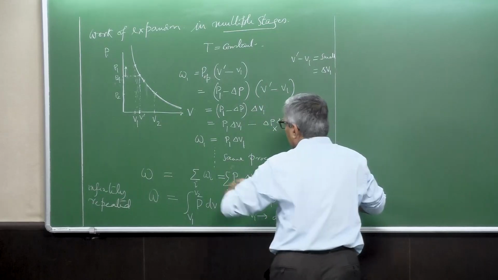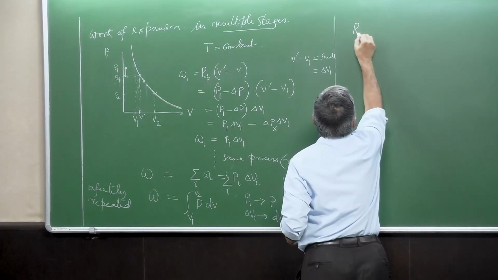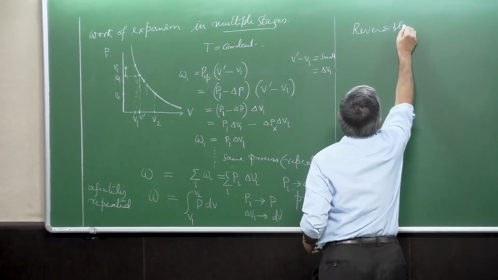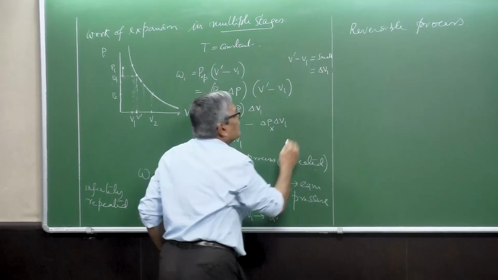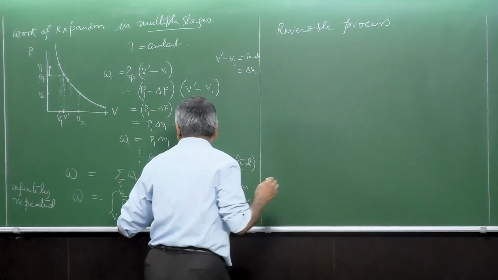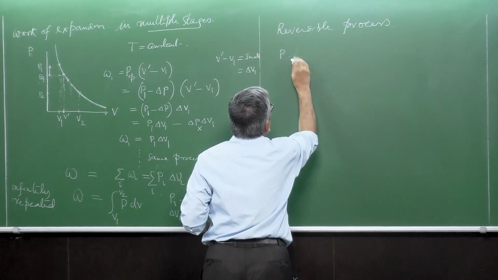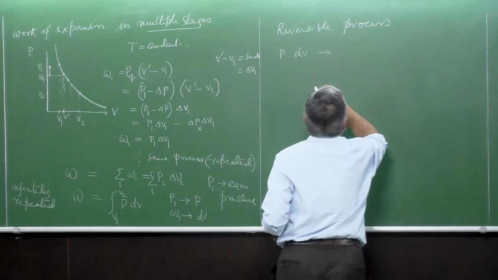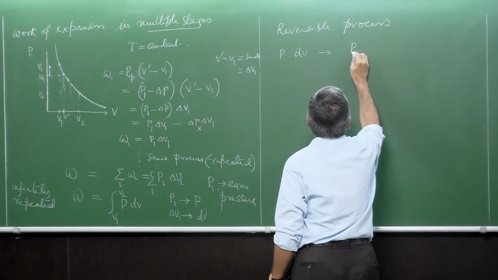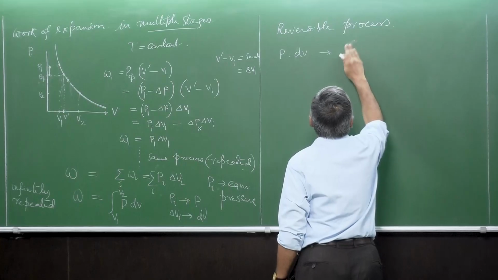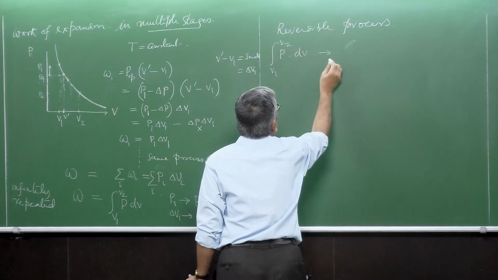We call this infinitesimally divided process a reversible process, in which the pressure times dV corresponds to an equilibrium pressure, and the integral from V1 to V2 gives the work W.